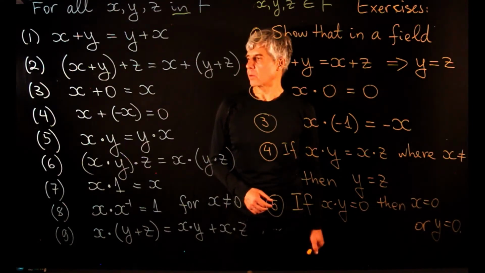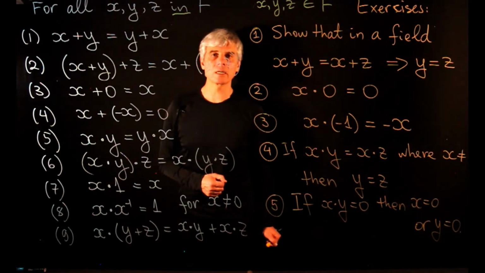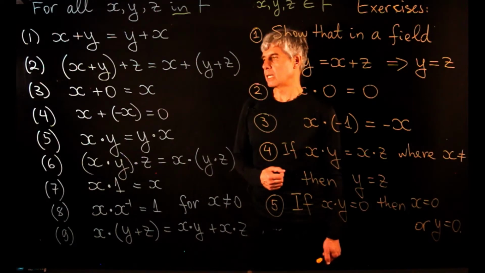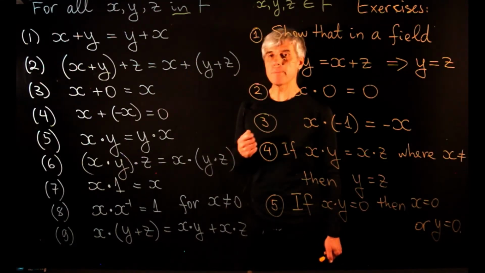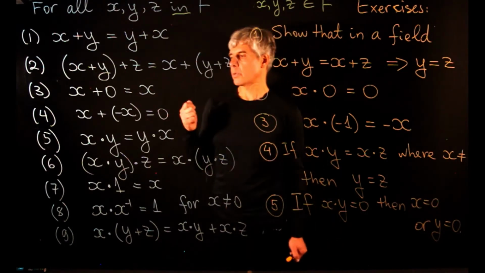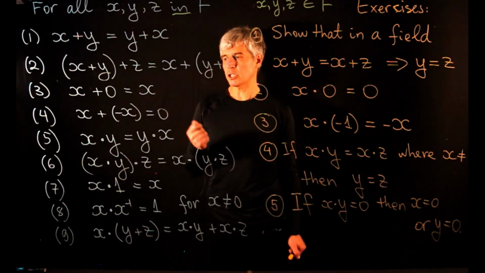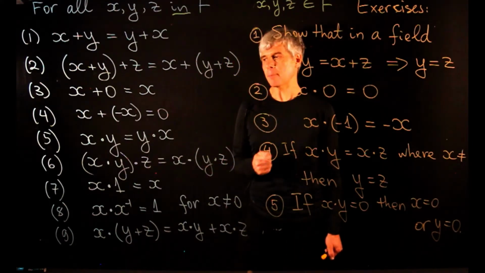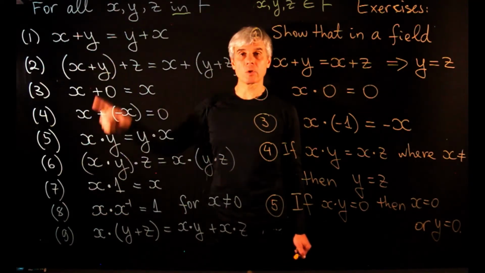And in all the calculations in the field, we will be doing things with baby steps. So this means that when you do a calculation in a field, I ask you to justify every single step by referencing one of the 9 axioms.